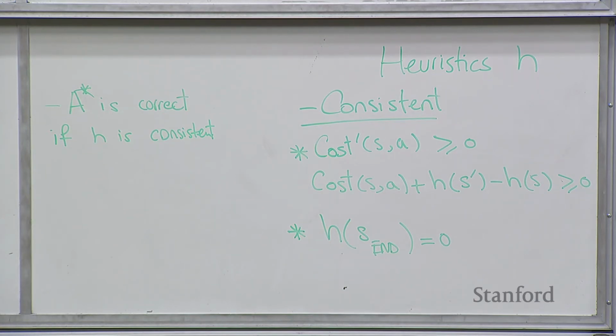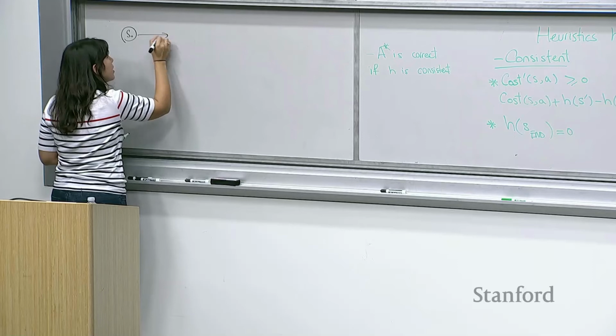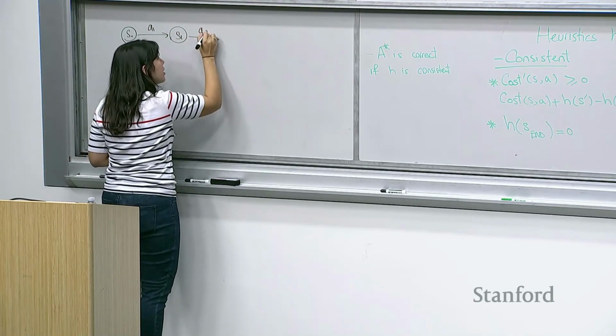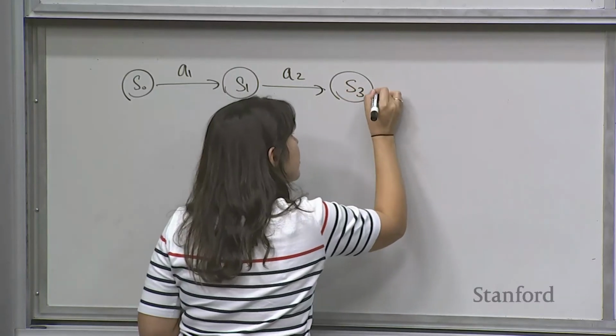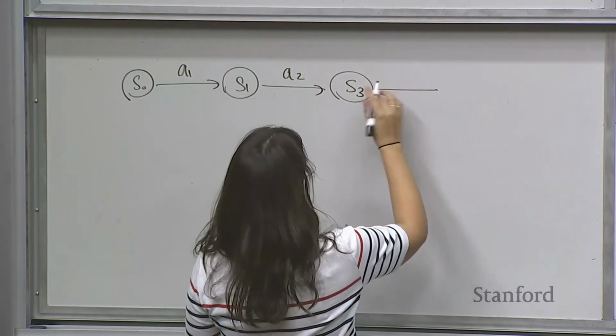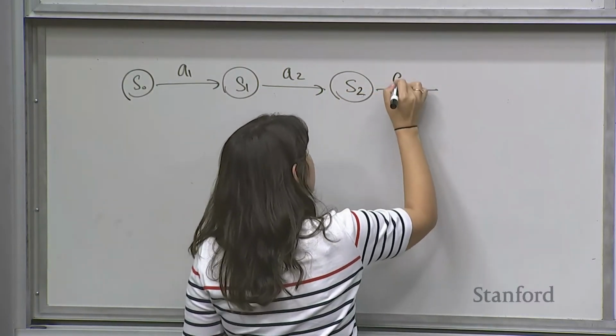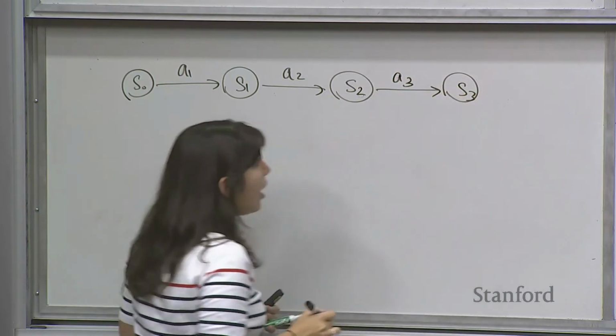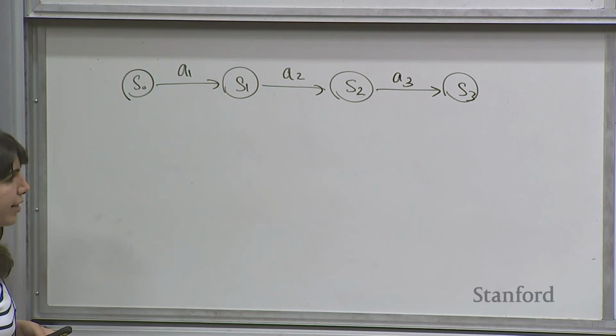Let's say that I am at S0 and I take A1 and I end up at S1, and I take A2 and I end up at S2, and from S2, I take A3 and I end up at S3. So let's say that I have a path that looks like this.